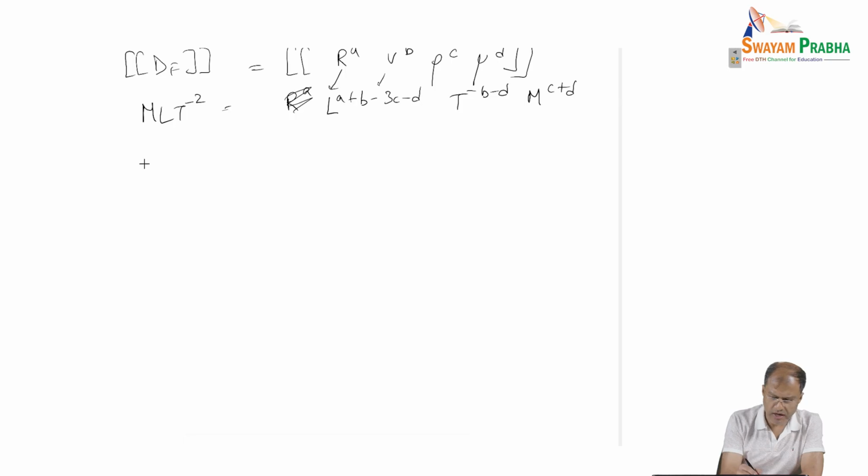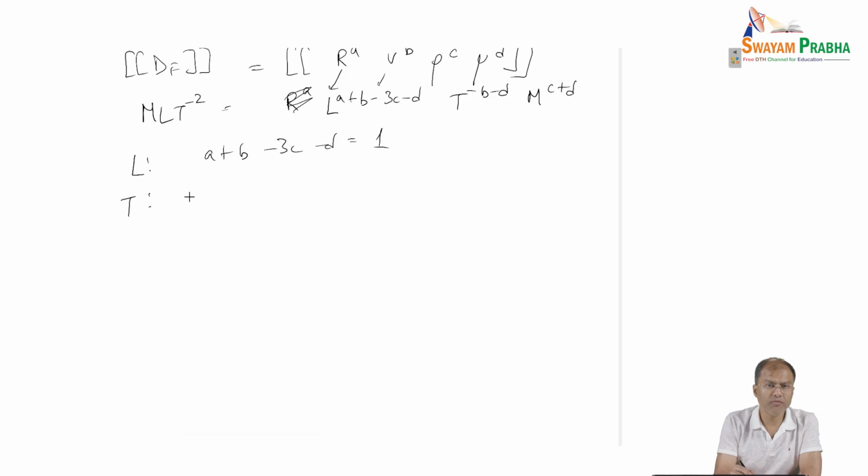And now if we equate the various exponents, for L we get the following equation: A plus B minus 3C minus D is equal to 1. For the dimension of T we get: minus B minus D is minus 2. And for the dimension of M we get C plus D is equal to 1, right?